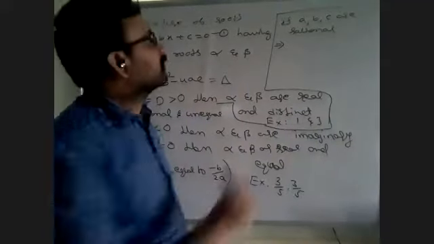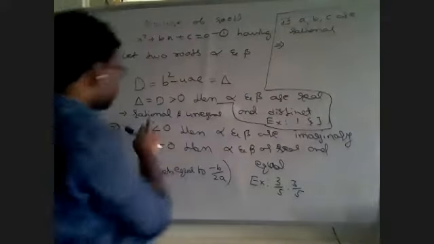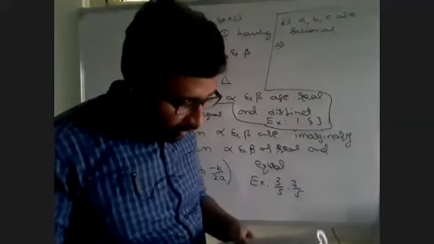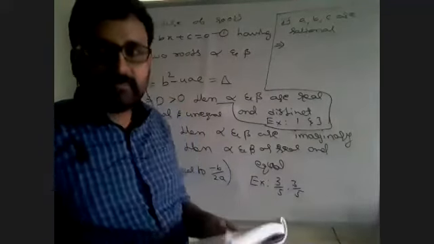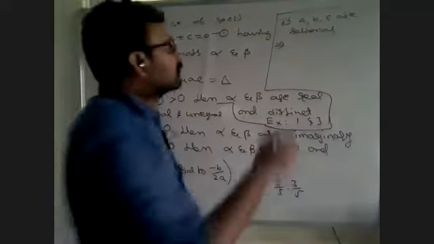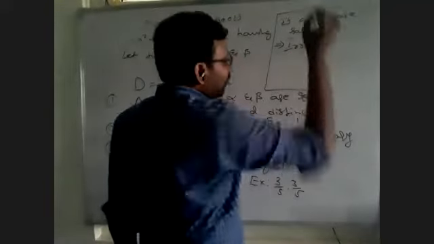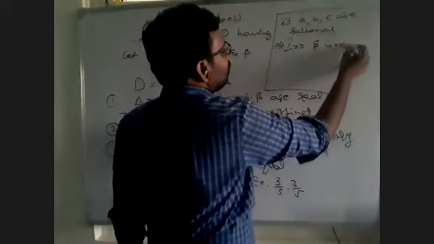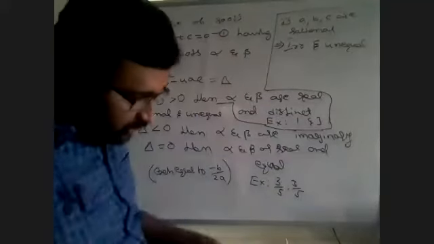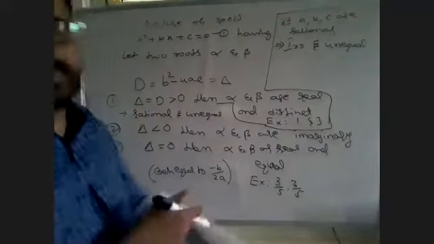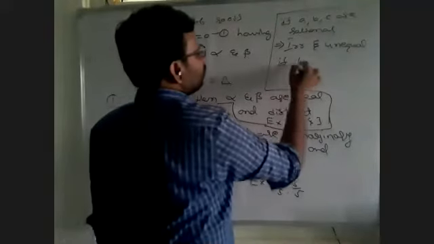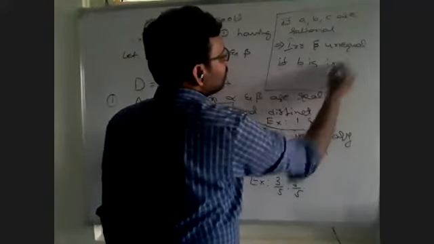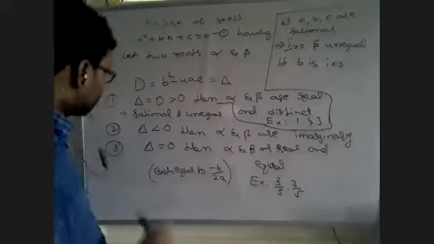Then irrational and unequal, if B is irrational. Don't write, listen first.